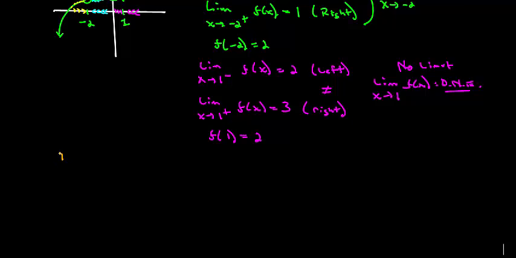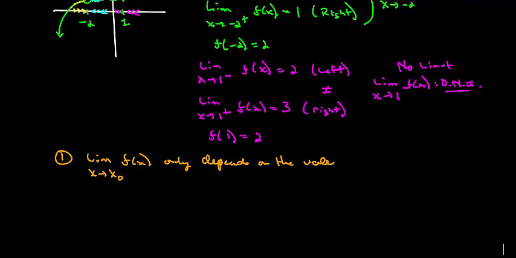Note number 1 is that the limit as x approaches some number only depends on the values of f of x close to x. Let me reword it like this.